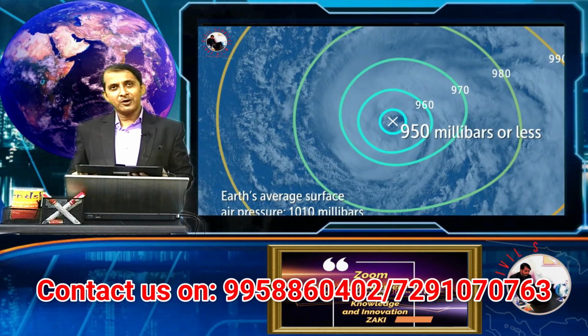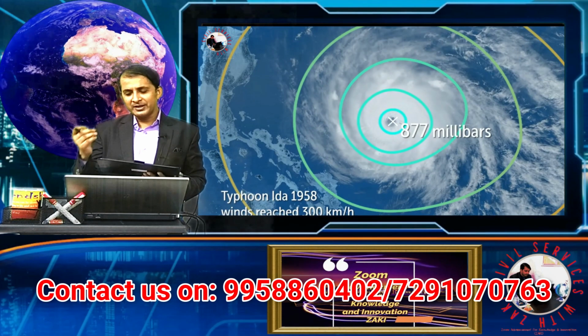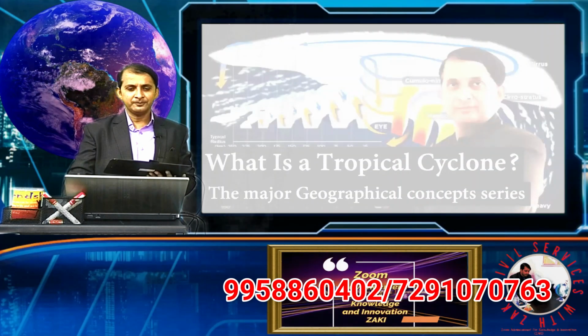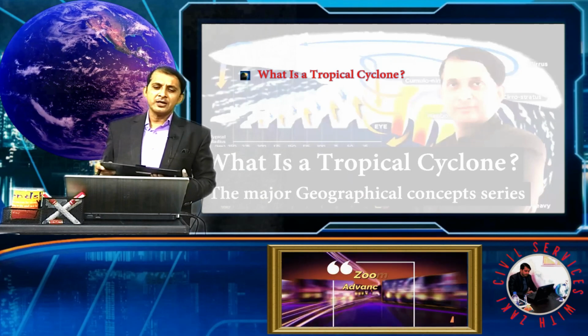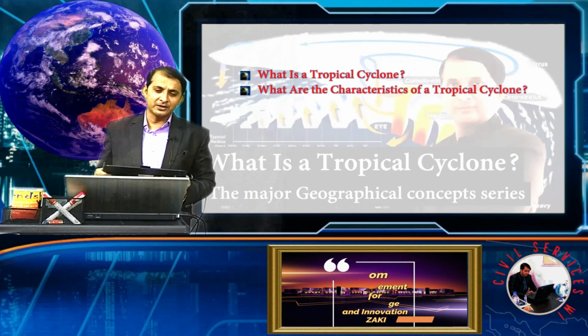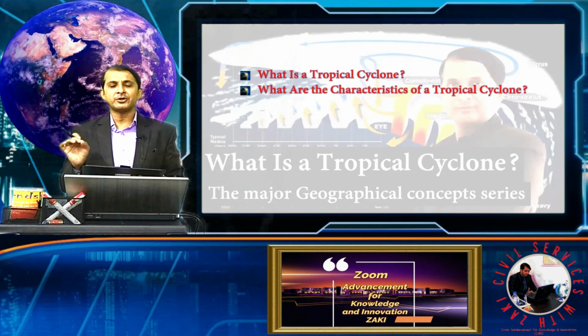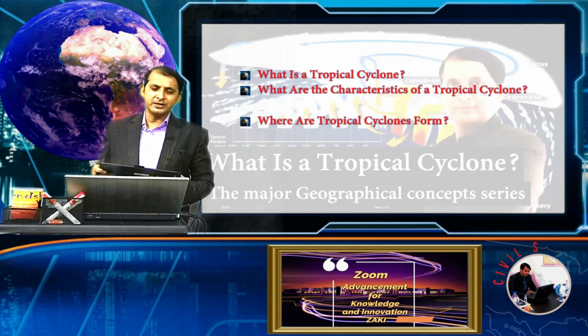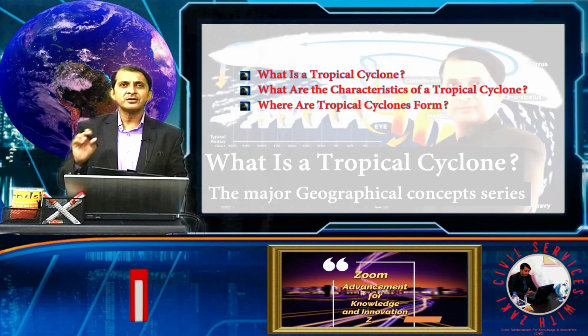So now we move forward and see today's topic. Basically, what is a tropical cyclone? First we discuss what a tropical cyclone is, then what the characteristics of a tropical cyclone are, and third, where tropical cyclones form.